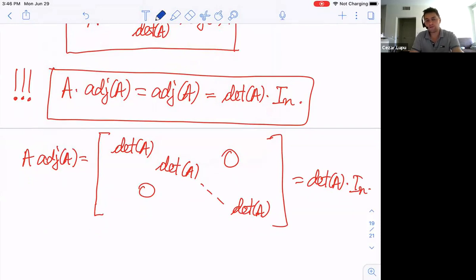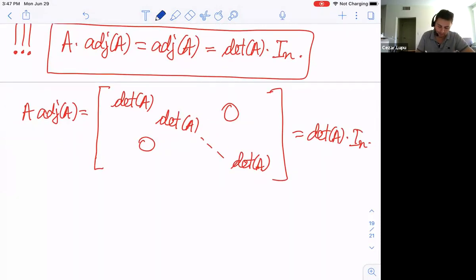Now, since we have this formula, I mentioned this in class, but I'll mention it again. Let me give you another example of how to find the inverse. Example: find the inverse of the following matrix.